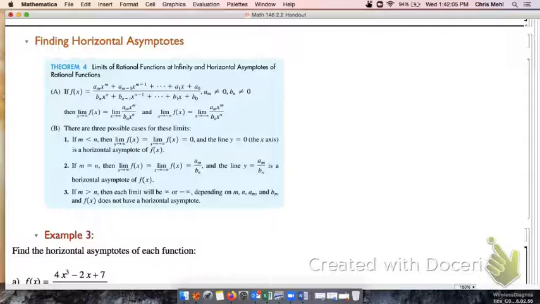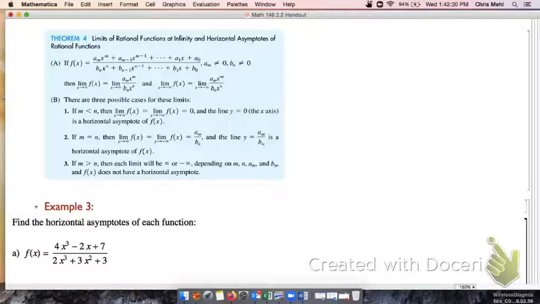Sometimes the end behavior of a rational function will be infinite, and other times the end behavior of a rational function will indicate a horizontal asymptote. So for a rational function on the ends, the graph either goes up or down, or possibly approaches a horizontal asymptote.